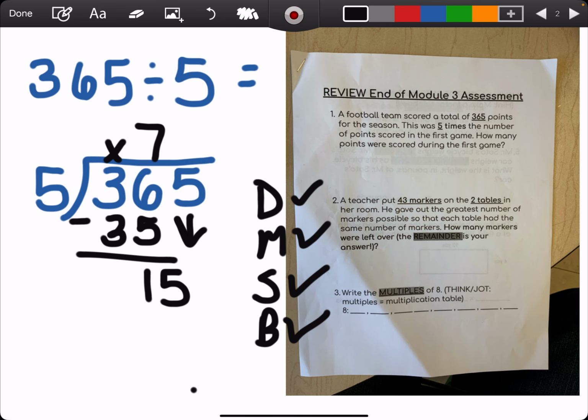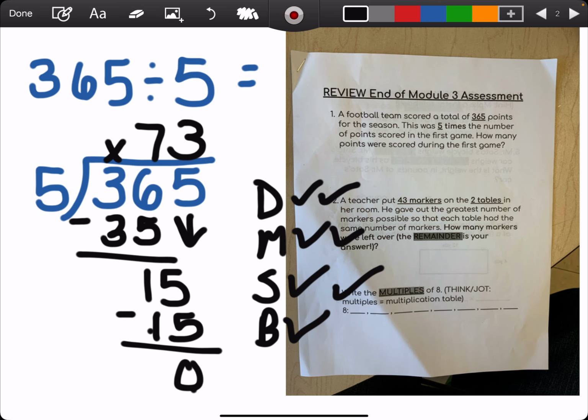And I start by saying 15 divided by 5, or 5 can go into 15 how many times? 3 times without going over. I divided. I'm going to multiply starting with that 3. The 3 that I just wrote up in the quotient times 5 is 15. I multiplied. I'm going to subtract. I have 0.